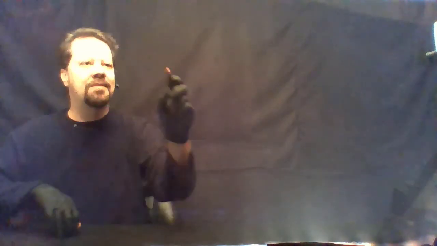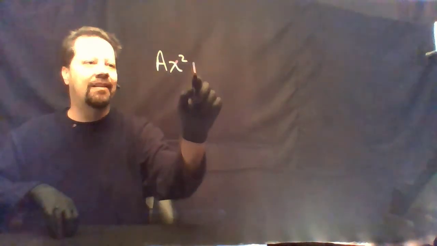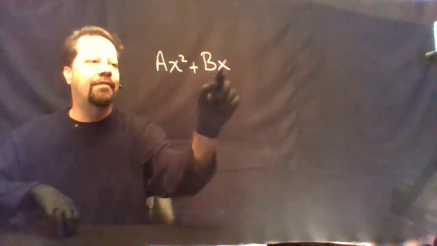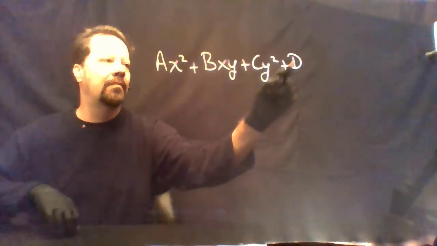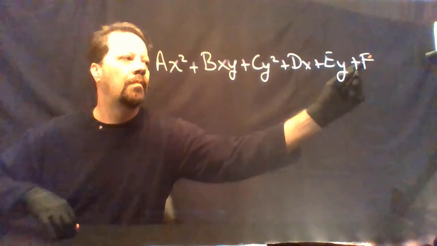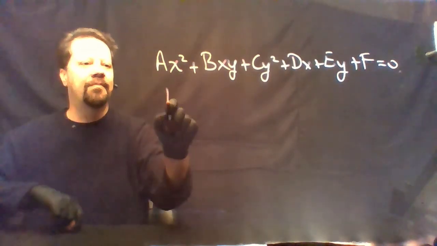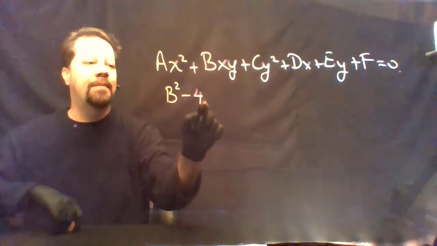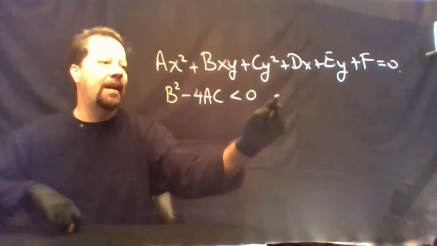In pre-calculus, you were taught that a conic is any solution to an equation of this form. In particular, if b squared minus 4ac is less than 0, you end up with an ellipse.